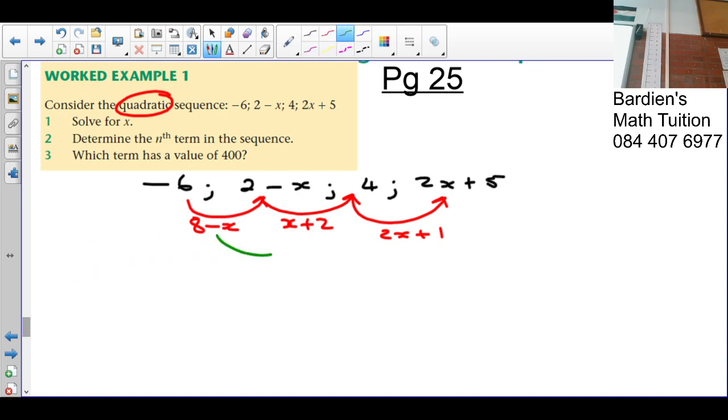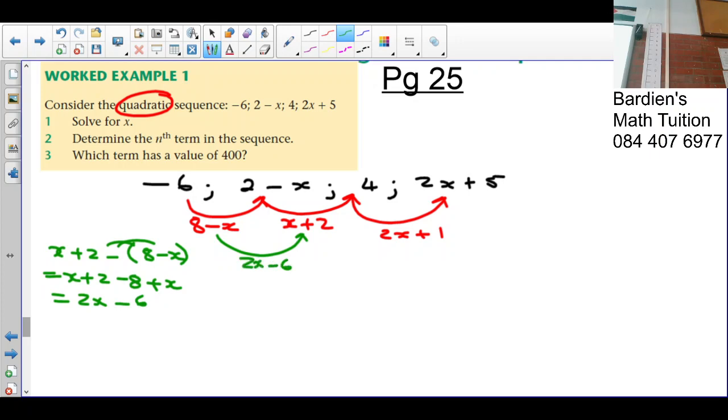So I need to know how do I get from there to there. So in other words, it's going to be x plus 2 minus, bracket, 8 minus x. So let's multiply this in. X plus 2 minus 8 plus x, which is 2x minus 6. There we go, 2x minus 6. How do we move from there to there?